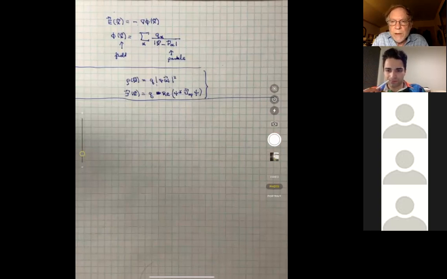This model is actually in use. It's called the semi-classical theory of radiation. And if you ever take a course on quantum optics, you'll learn about it because it's quite useful in a number of circumstances. And it's simpler than the more exact theory, which involves quantizing the electromagnetic field.